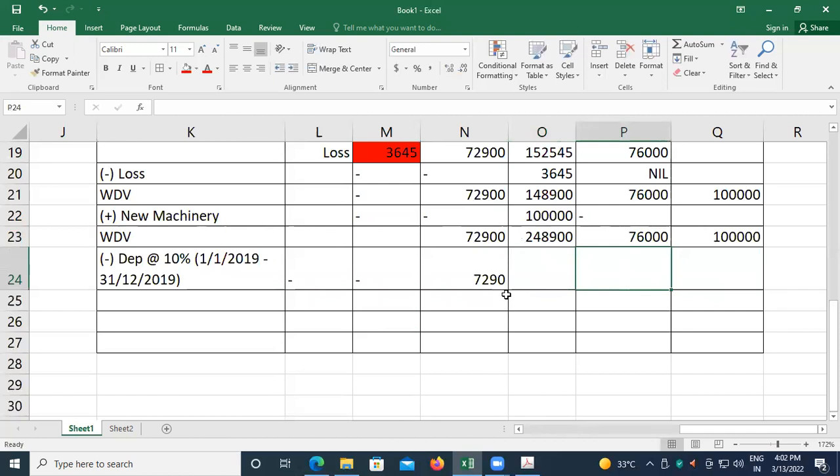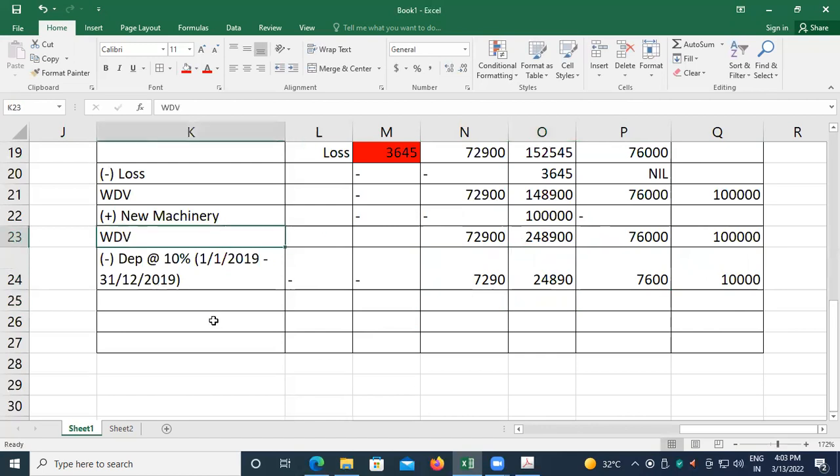And here 76,000 10% will come 7,600, and 1 lakh 10% will come 10,000, because at the beginning of the year itself it got purchased. Now the total of the depreciation, 7,290 plus 7,600 plus 10,000, will come 24,890 rupees. This is the total depreciation value.